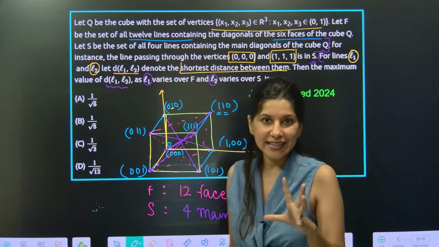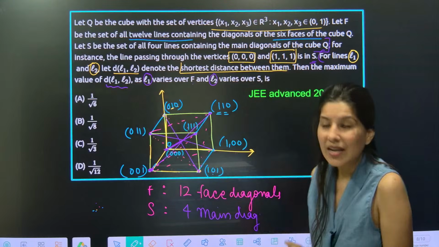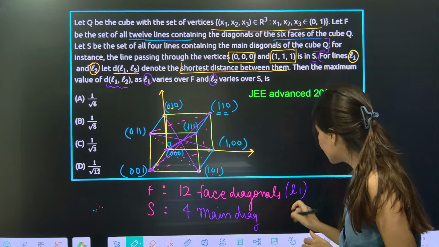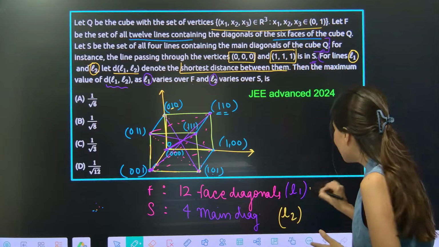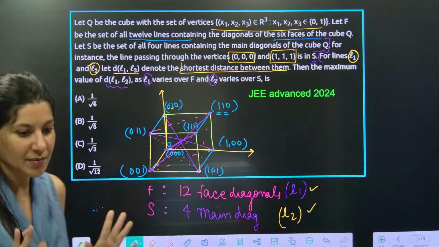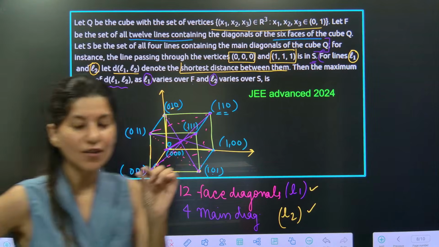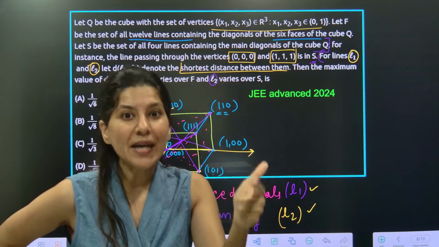So basically, what they are asking is the distance between L1 and L2. L1 is this and L2 is this. So they are trying to ask us the maximum distance between L1 and L2. They are talking about the distance between a face diagonal and a main diagonal.